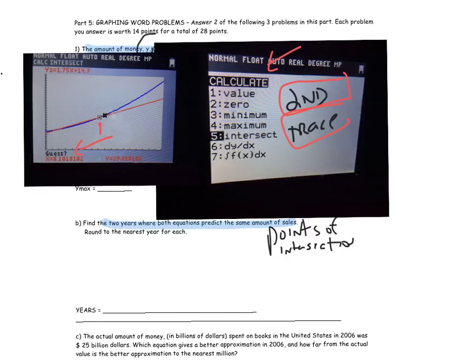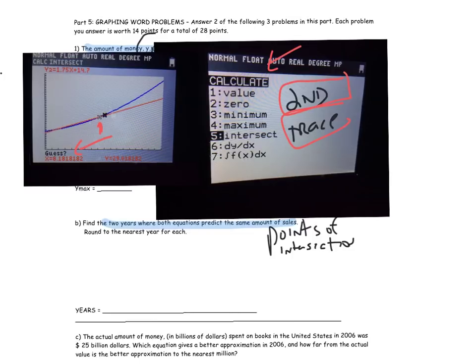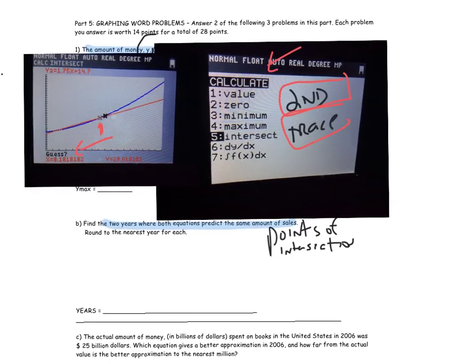Since my cursor is about here and there's a point of intersection about there, we just press enter, and my calculator will give me this point of intersection. I'll repeat the process, but when it says guess, I move my cursor closer to the other point of intersection, so that my calculator gives me that point as well.